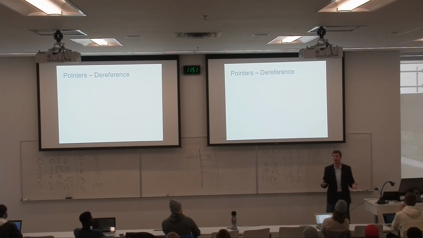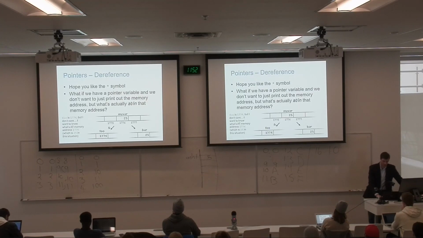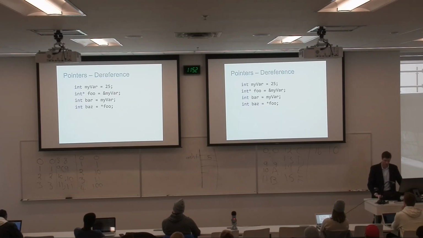I care what's at 1776, or what's at wherever it's pointing to. Well, we can do that. Star. If I've got this situation, I could take my variable foo, but put star in front of foo, and it will tell me where it is.